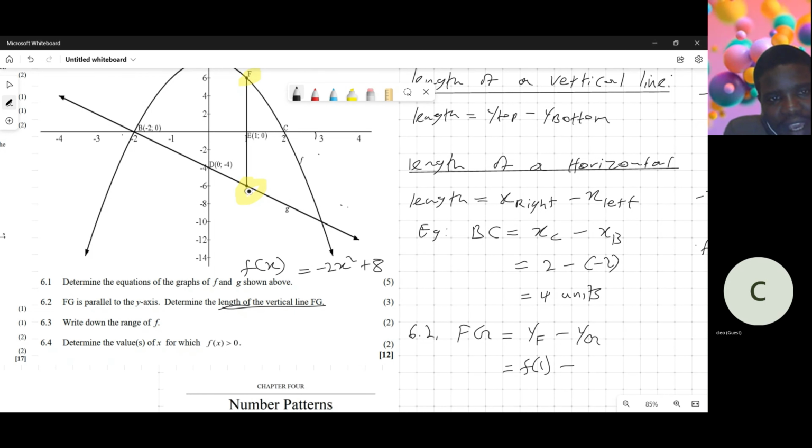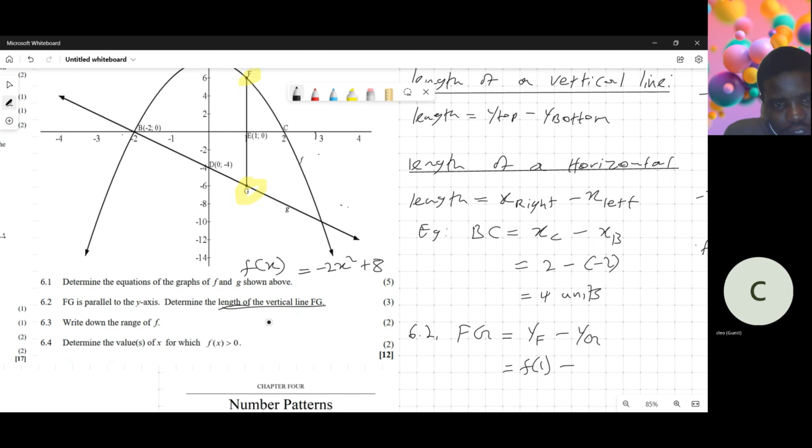In G, the value of x is 1. Therefore, what is the equation working in G? The equation that is working in G is g of x. Then to get the value of y at G, we need to substitute x equals 1 in g of x.